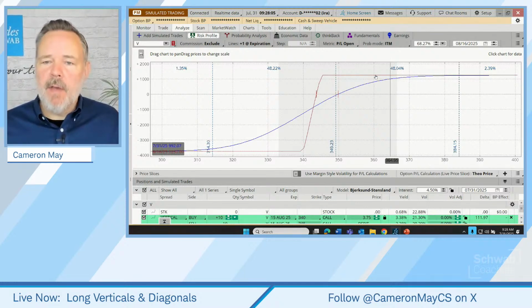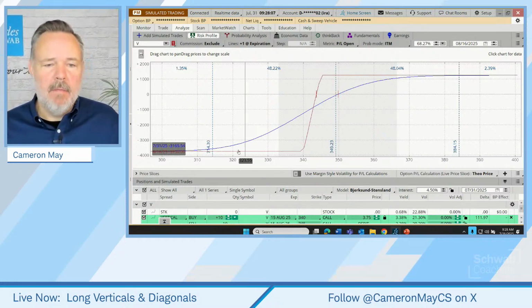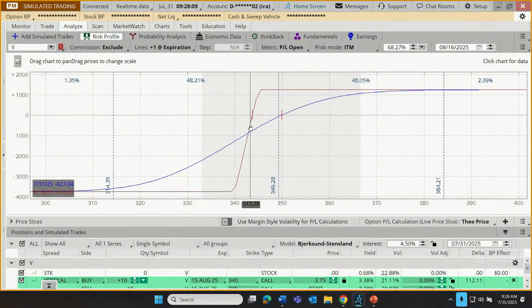What I want to focus on is this red line. That red line is showing us the intersection of price with profit or loss. We have profit or loss potential on the y-axis, the vertical axis over here. We have hypothetical stock prices on the x-axis down here. And right here is where the stock is right now.